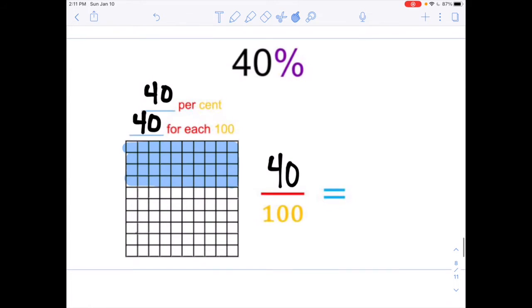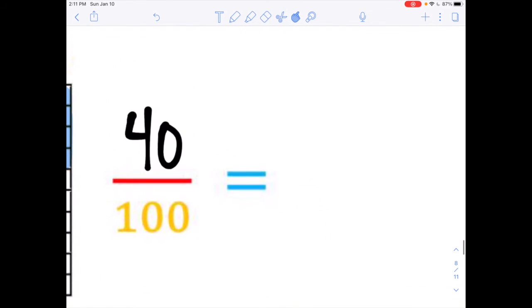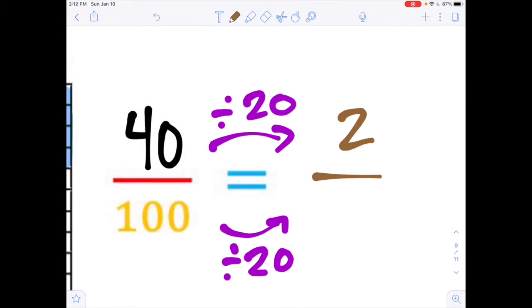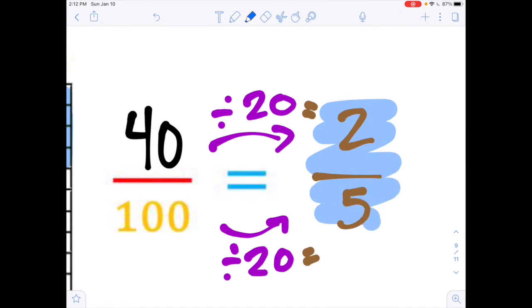But 40% also means the fraction 40 on top of 100, 40 out of 100. So then we realized we could divide the top and bottom by 20, the numerator and denominator by 20. And if we did that, we got 40 divided by 20 equals 2, and 100 divided by 20 equals 5. That gave us this fraction, 2/5.